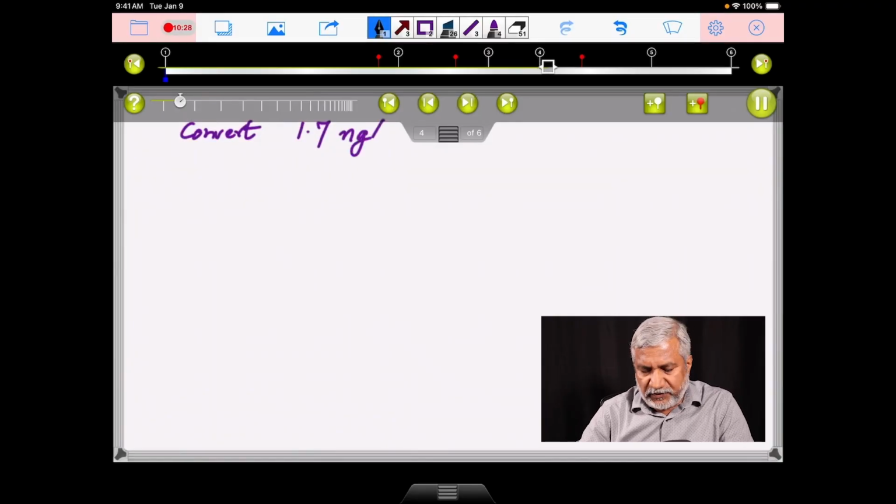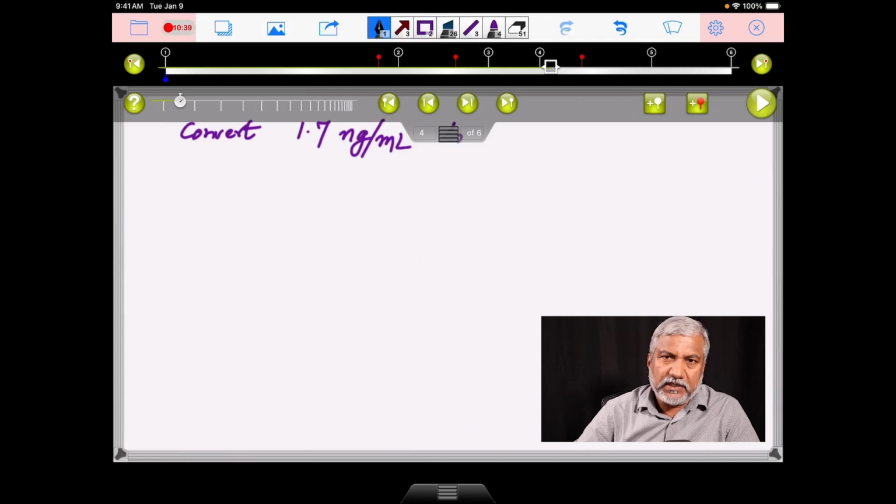So here is converting one unit into another, a specific example which will help you on the homework. 1.7 nanogram per milliliter. Nano rhymes with nine. So that's 10 to the power negative 9. And then you've got milliliter. Milli is 10 to the negative 3.